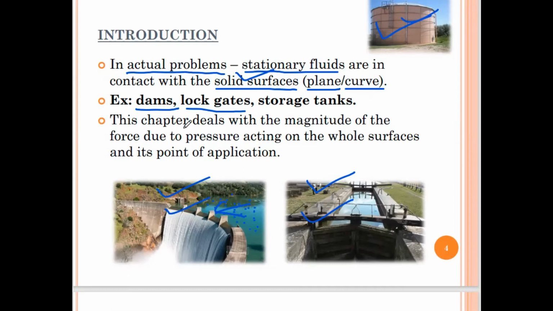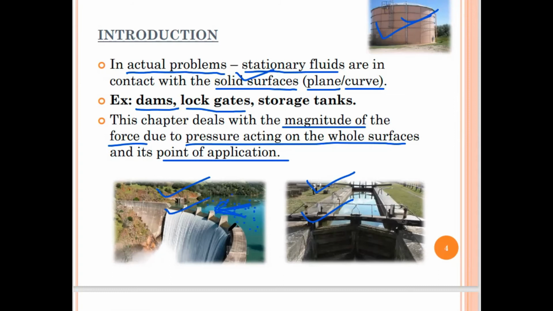So this chapter particularly deals with the magnitude of the force due to pressure acting on the whole surface and its point of application. Whatever water is stored in the dam will be under high pressure.